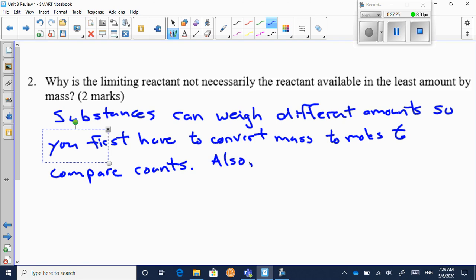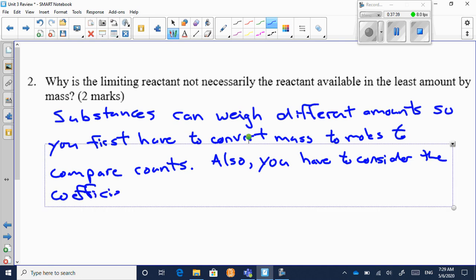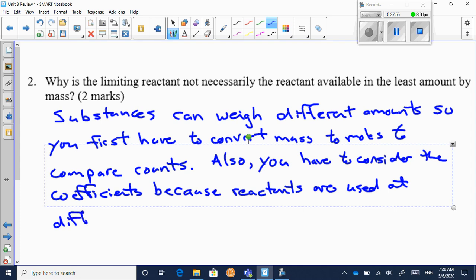Also, you have to consider the coefficients, because reactants are used at different rates. In other words, if it has a bigger coefficient, it's used up faster, and so you need to account for that. Okay.